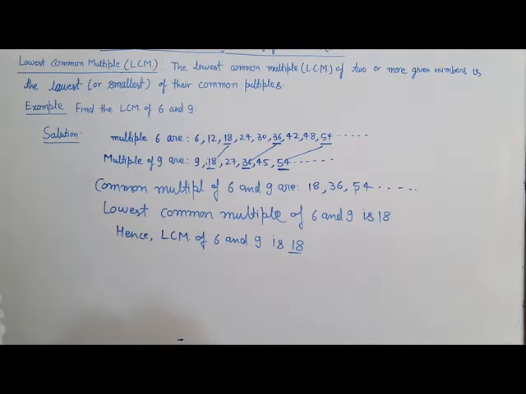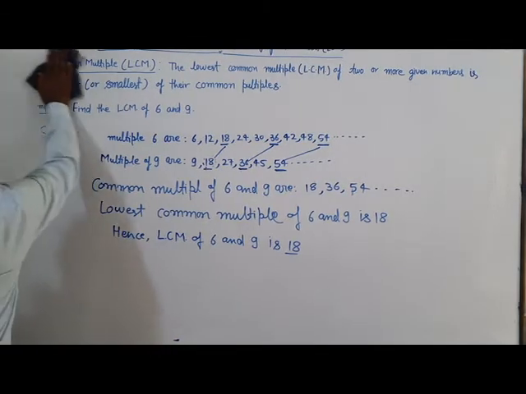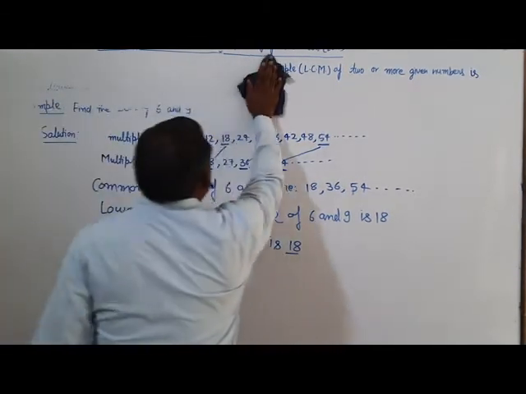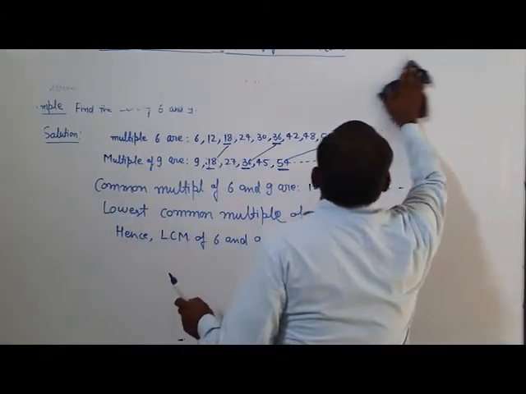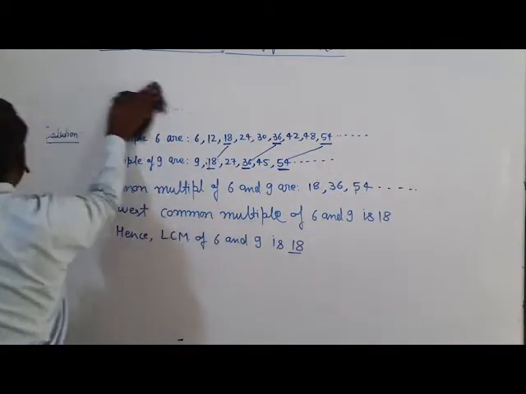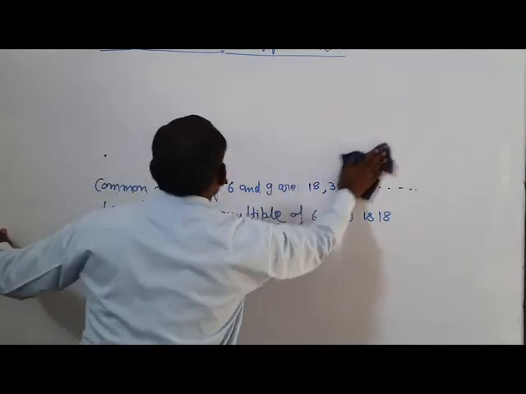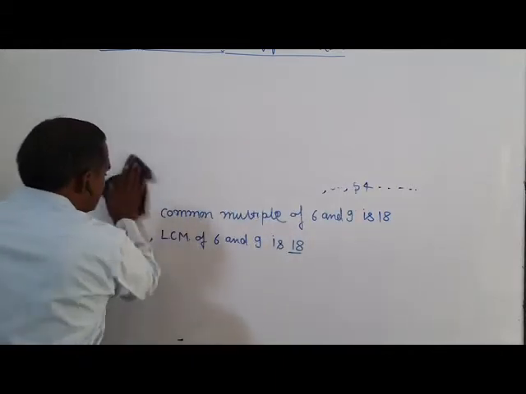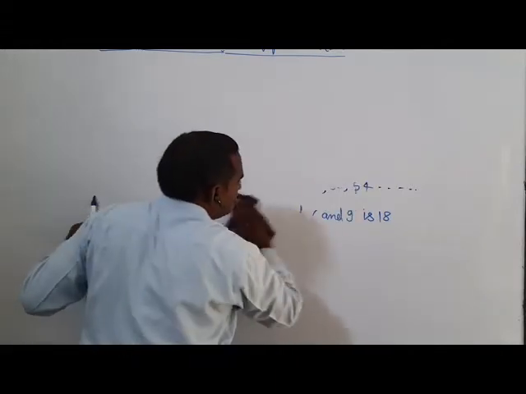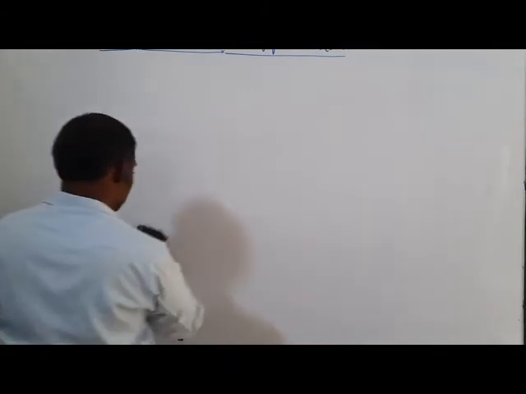Now there are two methods. With the help of two methods, we can find the lowest common multiple.